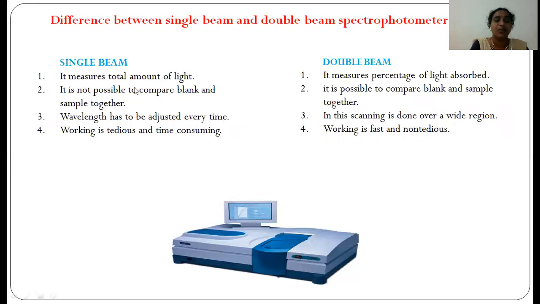In single beam, it is not possible to compare blank and sample together; in double beam, it is possible. In single beam, the wavelength has to be adjusted every time; in double beam, there is no need to adjust every time. In single beam, the working is tedious and time consuming, but in double beam, the working is fast and not tedious. So these are the differences between single beam and double beam spectrophotometers.